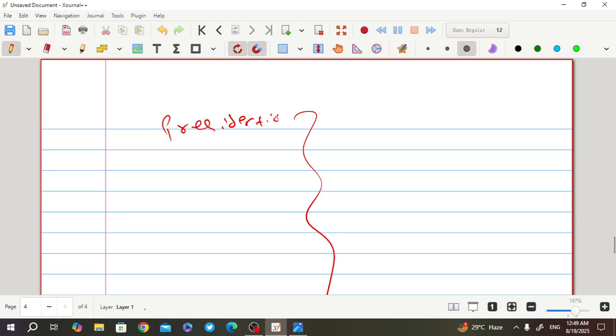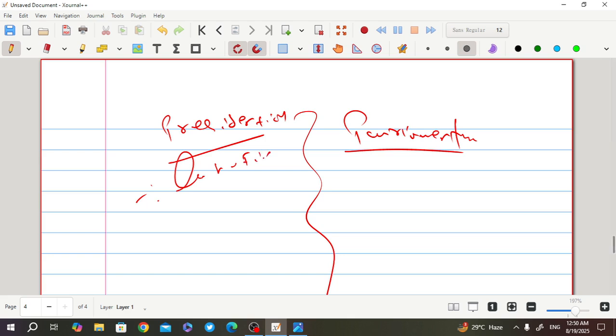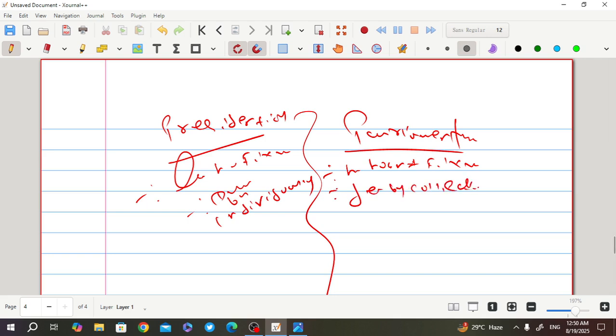If you discuss the difference between the presidential and parliamentary forms of government: here, the leader has a fixed term. Here, the leader has no fixed term. Decisions are taken individually. Decisions are taken collectively. You get my point or not?